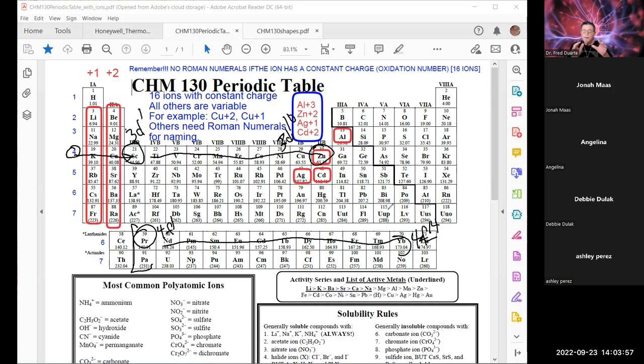So for the d orbitals, their energy level is 1 energy level less than the energy level that element is in. And for the F elements, their F block or the F energy level are 2 energy levels less than the energy level that they're in.